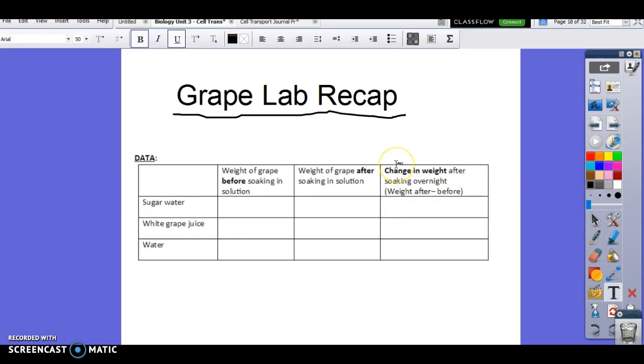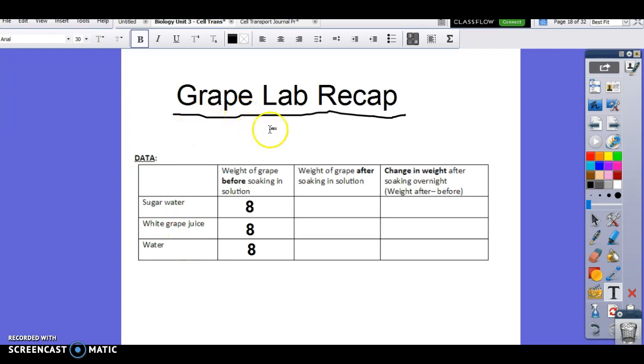So your data, let's say in sugar water, you had weighed 8 grams ahead of time. For simplicity's sake, we're just going to say that they all weighed 8 grams, even though I know that's not really true. How could we tell which one of these was a hypertonic solution?